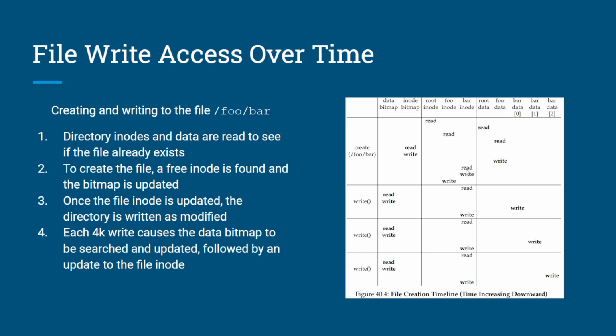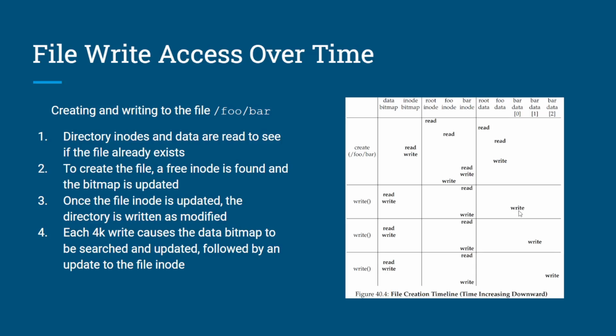We also start reading the bar inode to modify it and write the modified data for that inode back, as well as write our access information into the foo inode. Now, every time we write a block to the data, first we read bar's inode, determine that we need a data block, which necessitates opening the data bitmap, finding a free block, and writing that we've allocated that block back to disk.